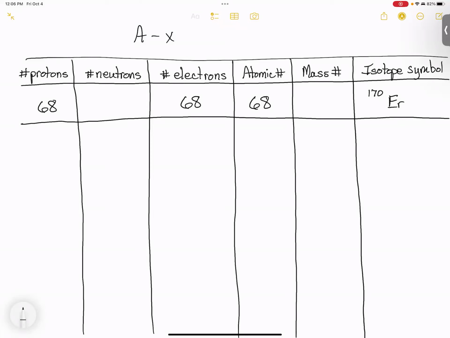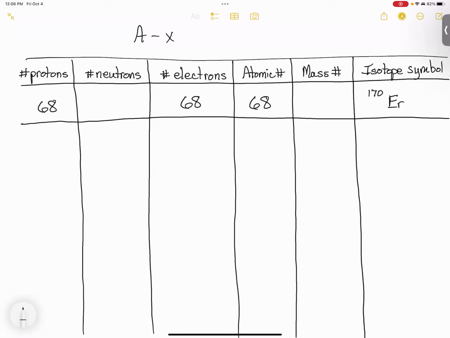The answer is no. This is called the average atomic mass, not the mass number. They are different. One has decimal places. The other one is a whole number. The average atomic mass can have decimal places. The mass number is going to be a whole number.